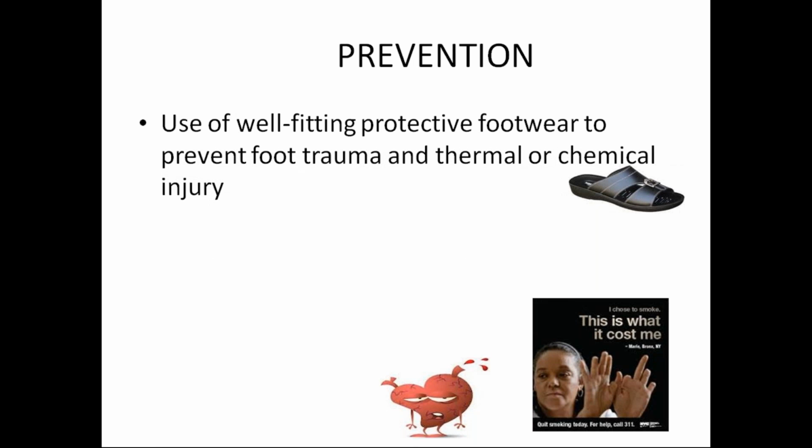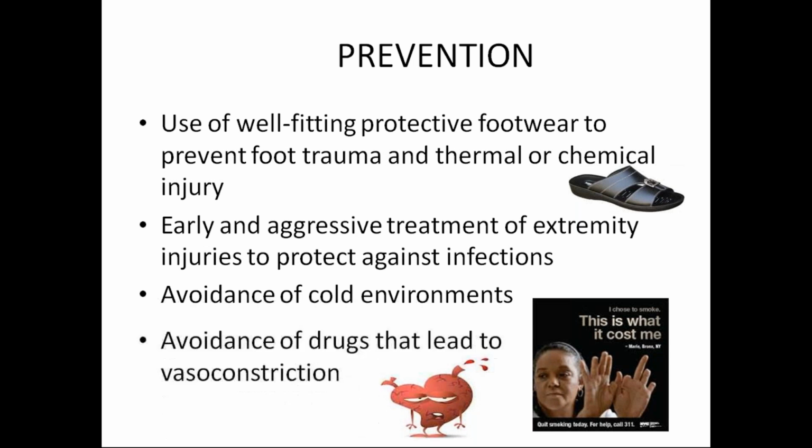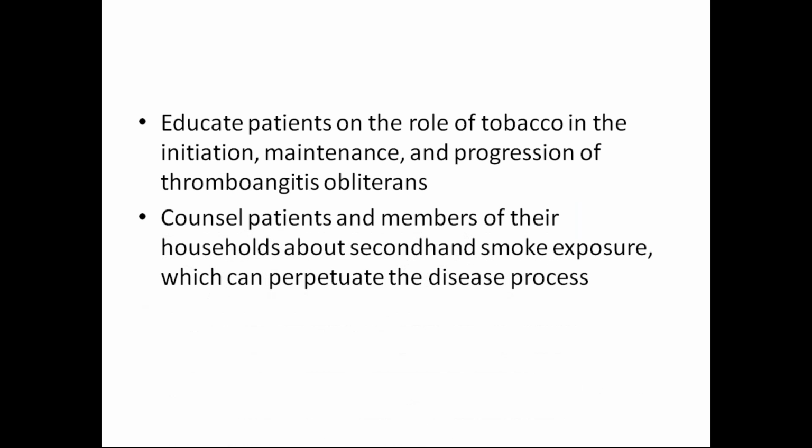So important is footwear, prevention of thermal or chemical injury, protection against infections and cold environments. And the only thing that prevents progression and prevents amputation is giving up smoking, cessation of smoking.